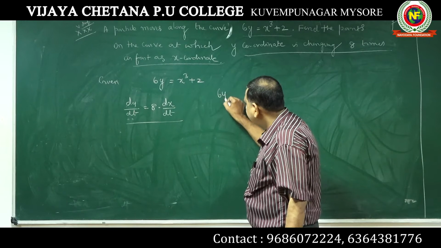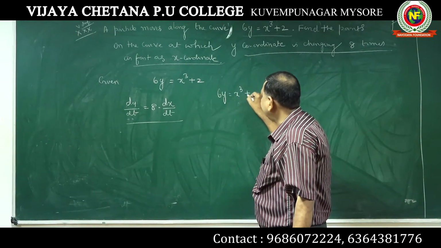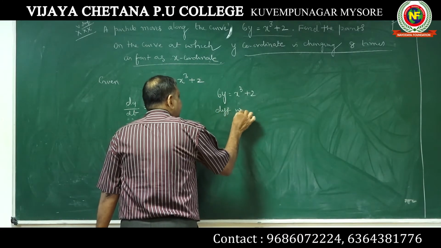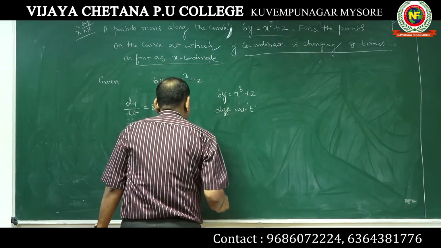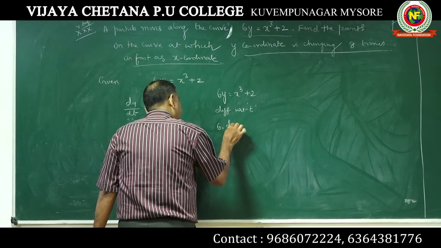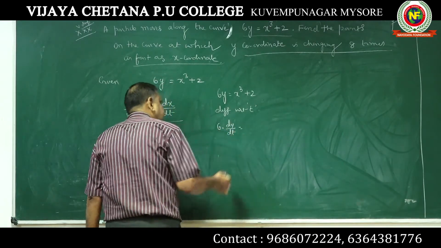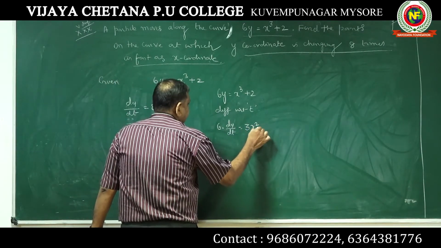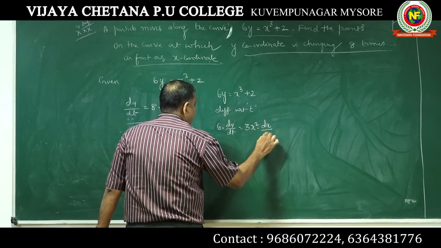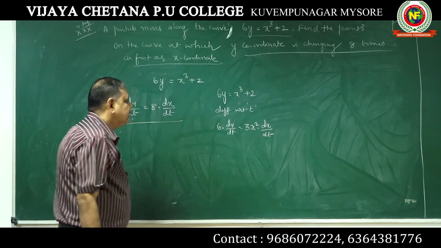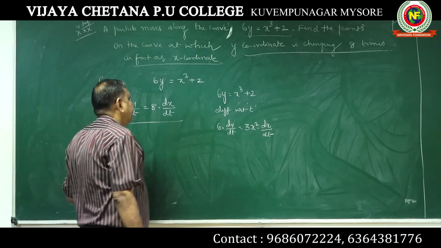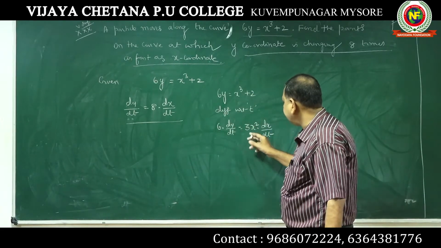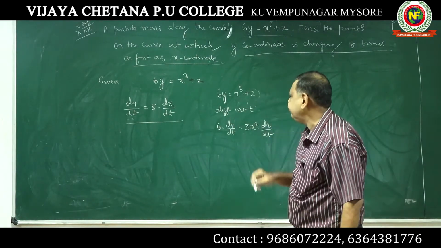Now take this 6y is equal to x cube plus 2, differentiate with respect to t. When you differentiate with respect to t, you get 6 into dy by dt is equal to 3x square dx by dt. The constant 2 gives 0.